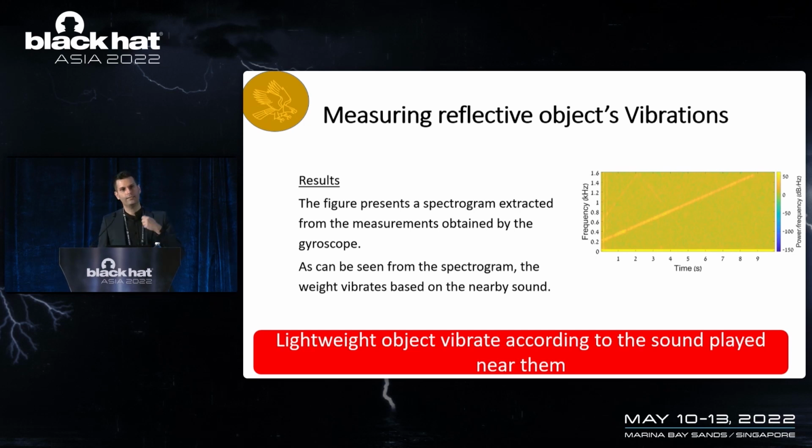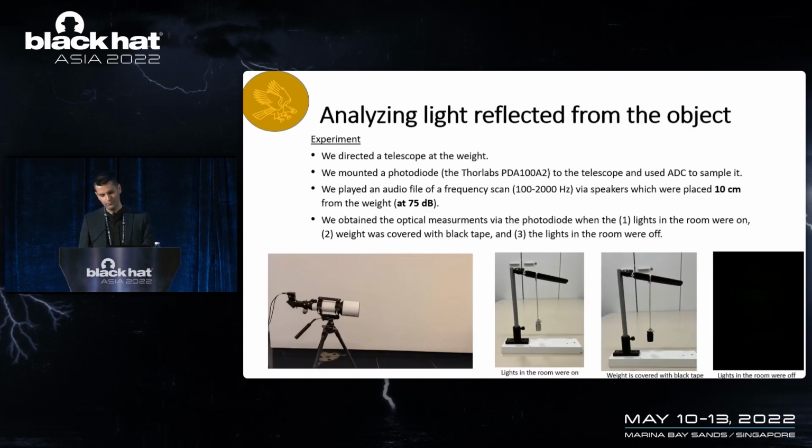Okay, now let's understand how this can actually be captured optically. To do so, we conducted an additional experiment. We directed a telescope at the weight. You can see the telescope on the left side. Now we mounted a photodiode to the telescope, and used an A to D converter to sample the optical signal.